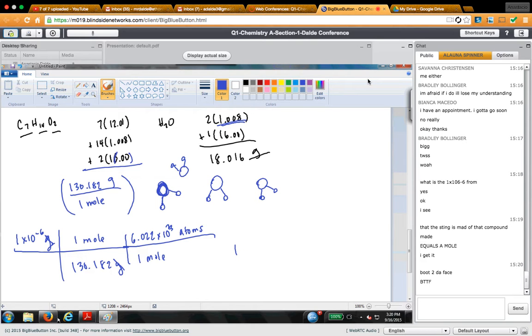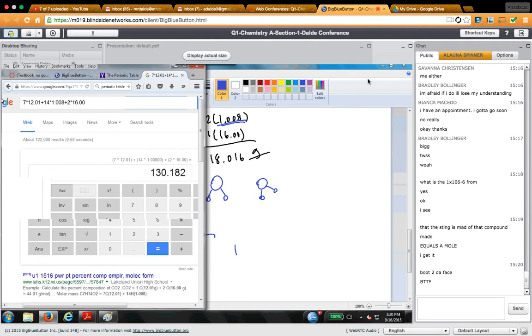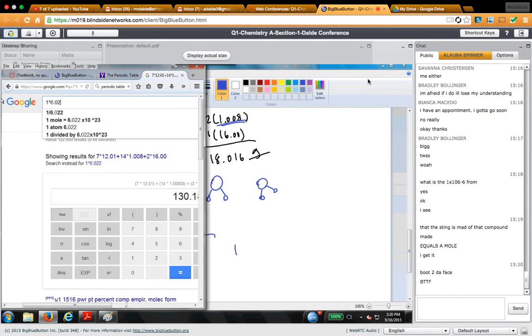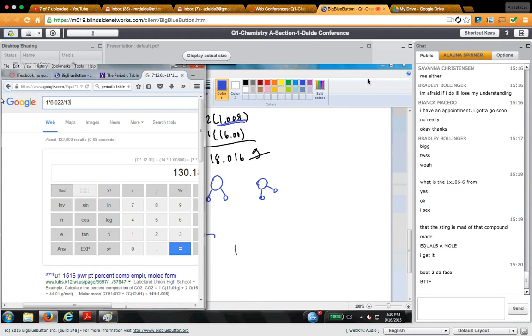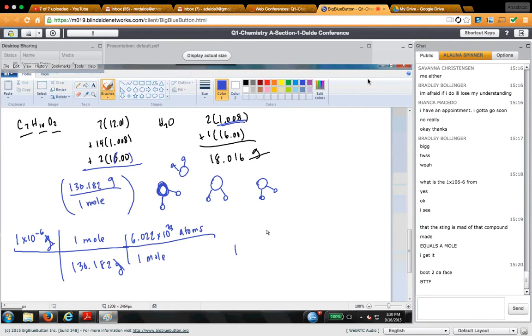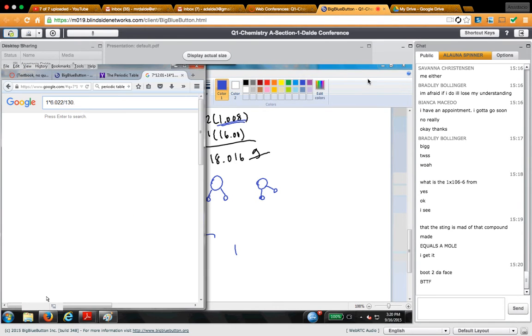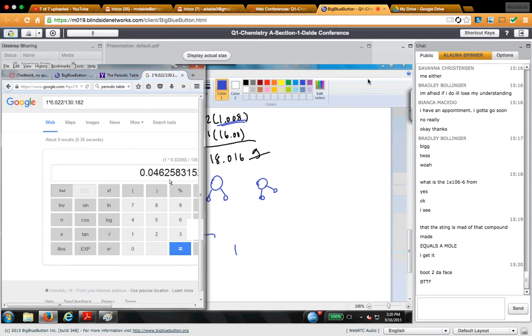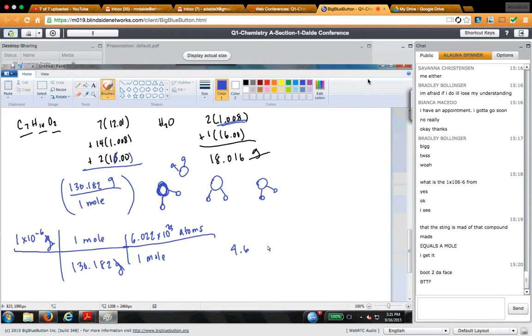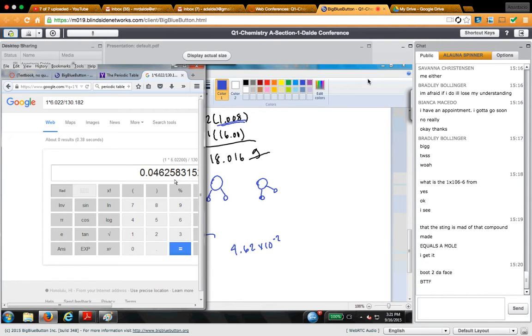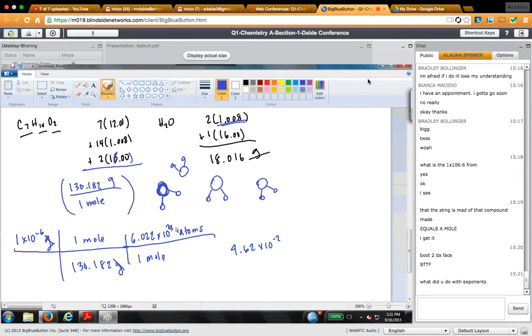I typed it into Google and it gave me 4.602 times 10 to the negative 2. I still got to deal with this times 10 to the 23rd power.